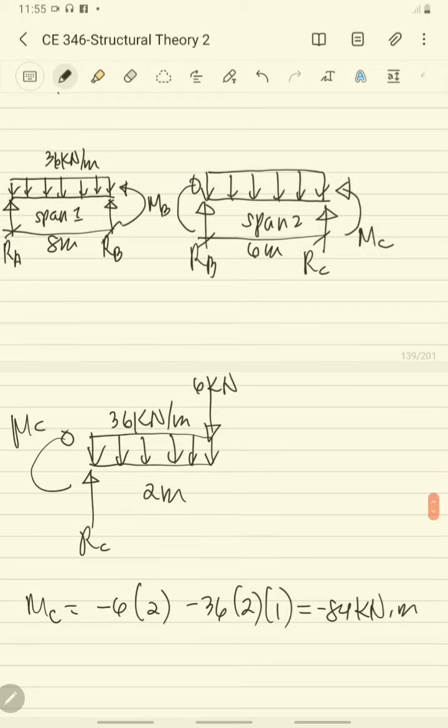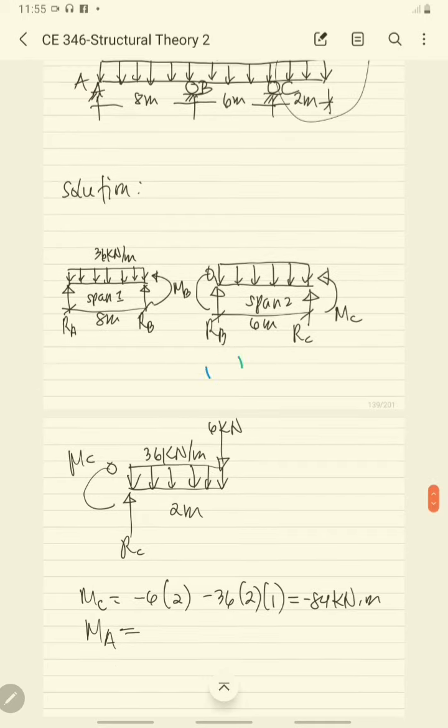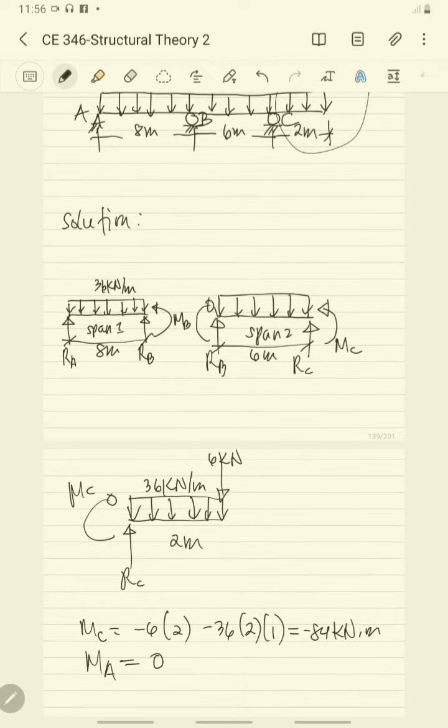Okay, so we have now our moment at C. For moment at A, that is equal to 0, since your support A is a pin, so you have 0 moment.